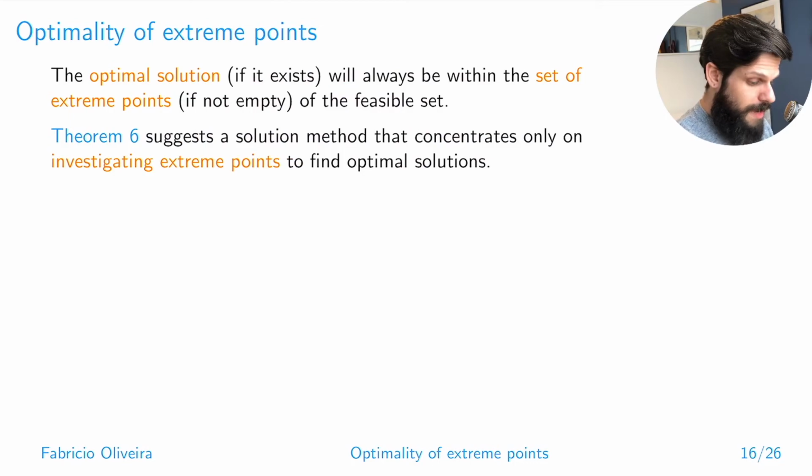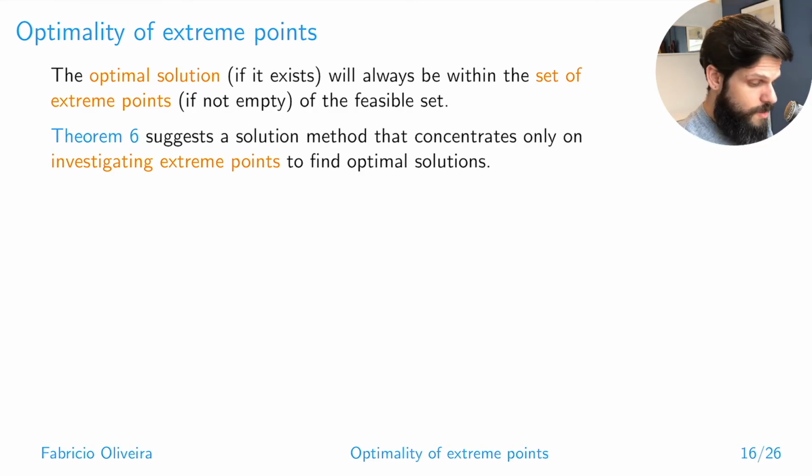Now, the optimality of extreme points. We know from that geometric interpretation when we looked at our linear programs in the beginning of the course that these extreme points are candidates of optimal solutions. So this is kind of what we already know, but what we're going to do now is to provide it in a more formal setting.